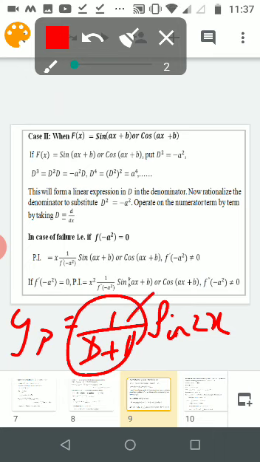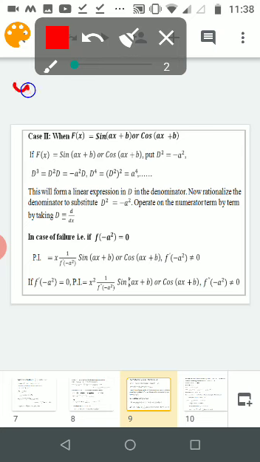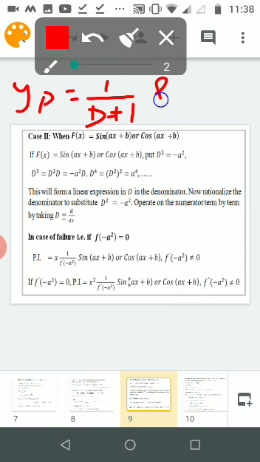I will multiply and divide by D minus 1. So this is what's going to happen. I have yp, which is equal to 1 over D plus 1 operated on sine 2x. For sine and cos, I need to see a D square.